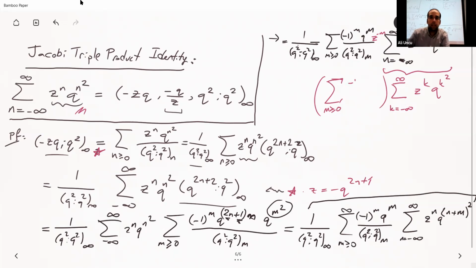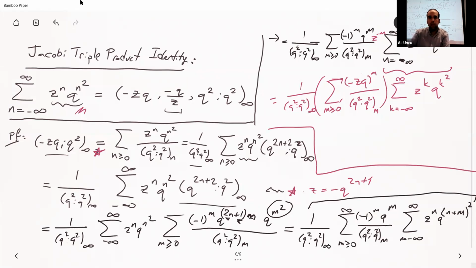And what about this guy? So I have -1 to the m, I will even write it all together. So negative z q to the m divided by (q^2; q^2)_m, and this 1 over (q^2; q^2)_infinity here at the very last step.